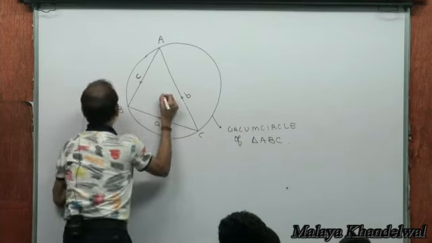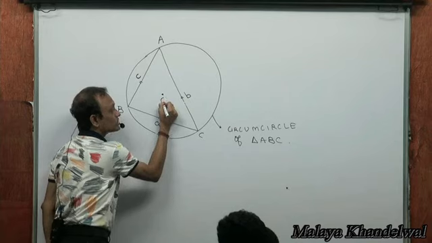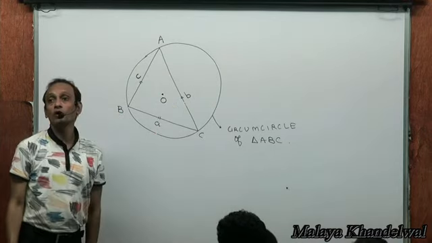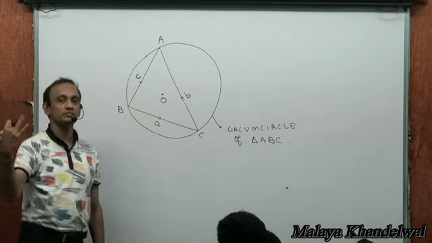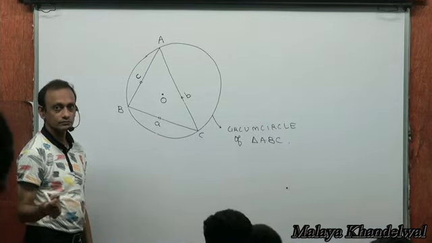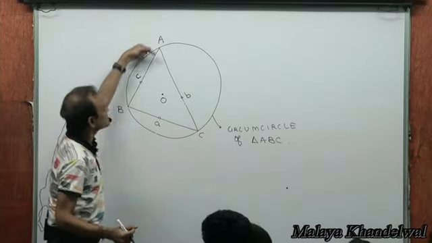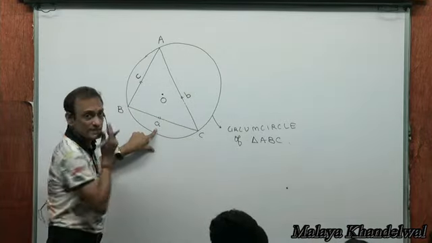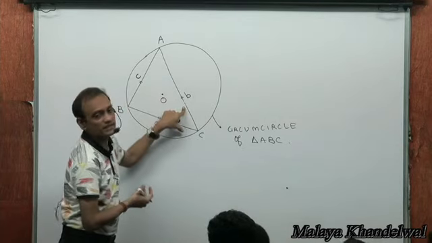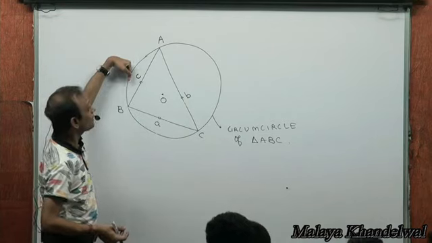Now, the center of the circle O is called the circumcenter. So this is a triangle ABC, like I said. Side opposite to capital A is referred to as small a. Side opposite capital B is referred to as small b. Side opposite capital C is referred to as small c.